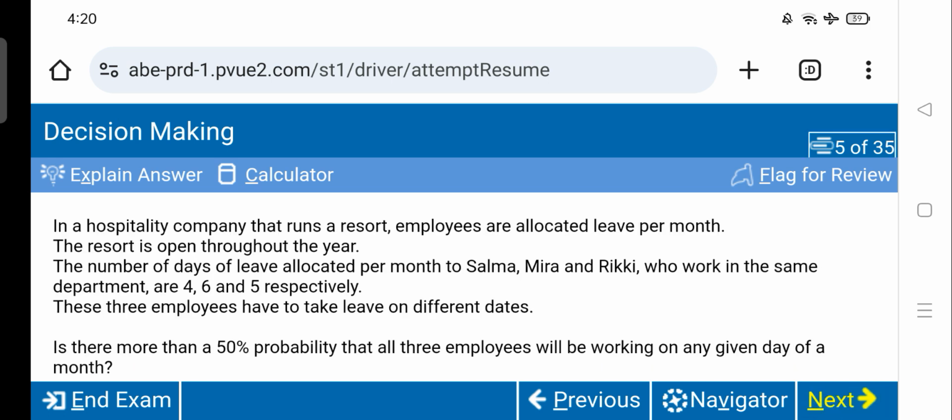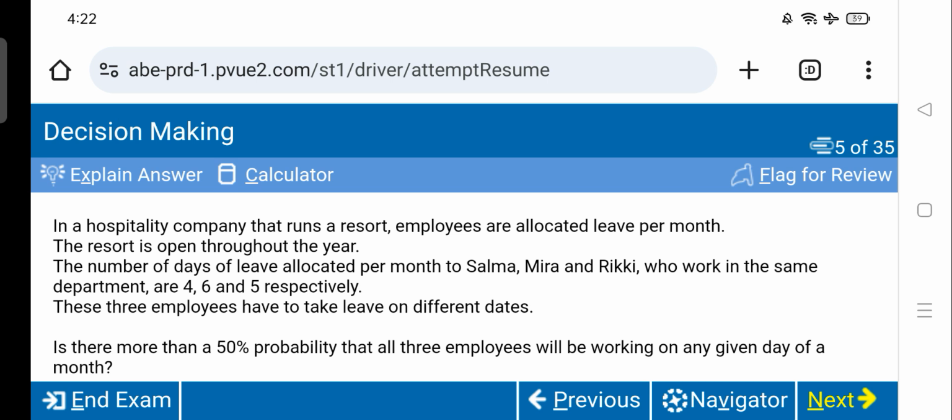Next question we have that in a hospitality company that runs a resort, employees are allocated leave per month. The resort is open throughout the year.